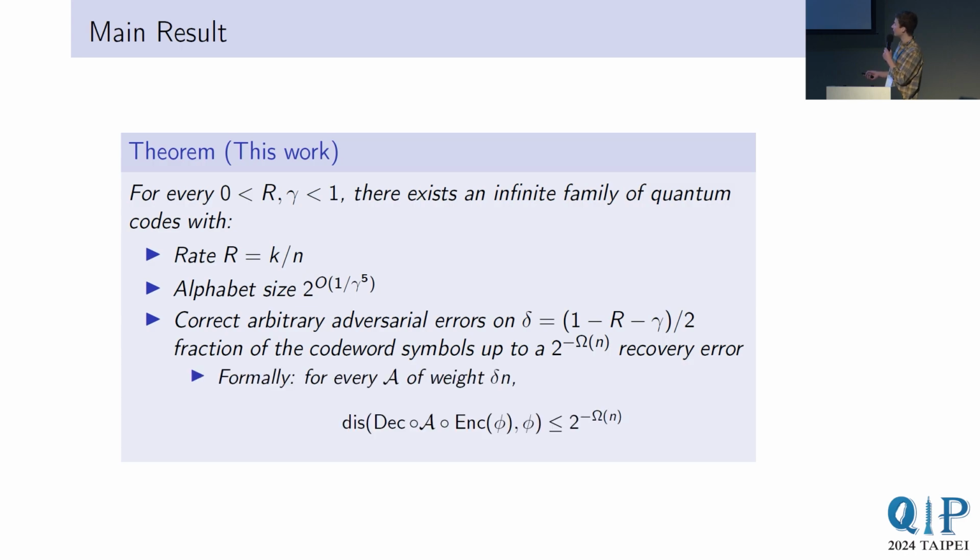The formal statement of this approximate recovery is what you'd expect: the distance between the decoding of the corrupted state and the original message is exponentially small. And the key point here is that our construction in this theorem is efficient. So we give efficient encoding and decoding algorithms with these properties.